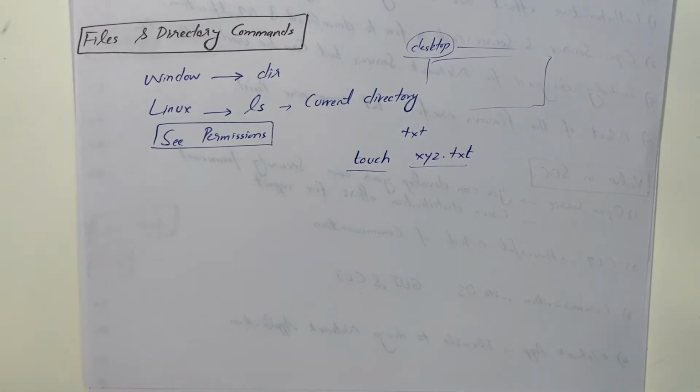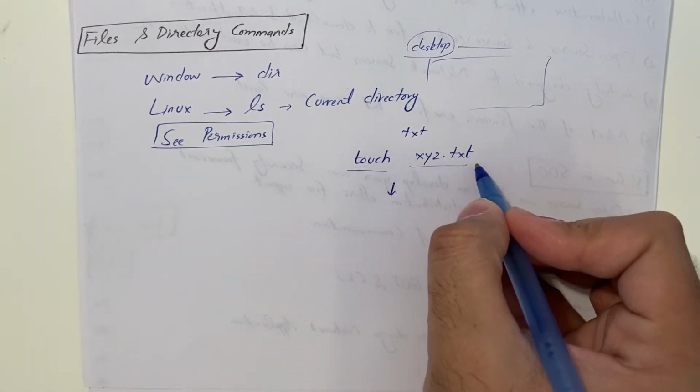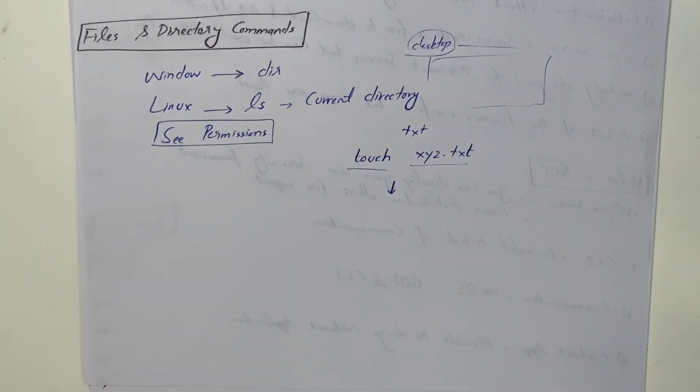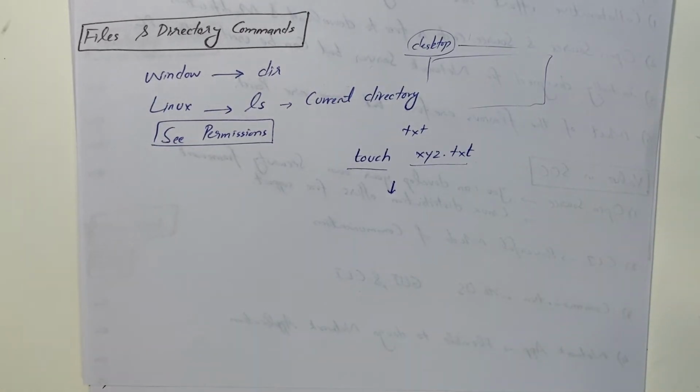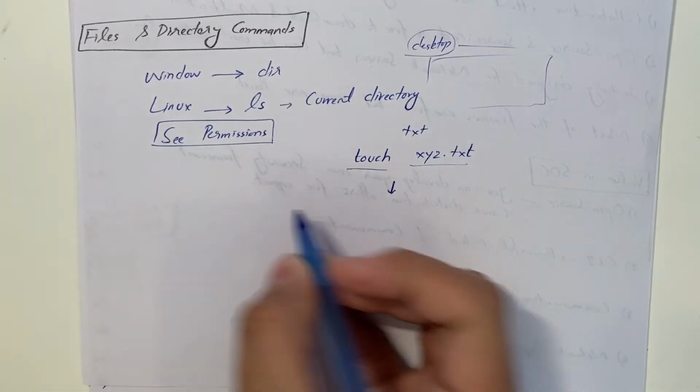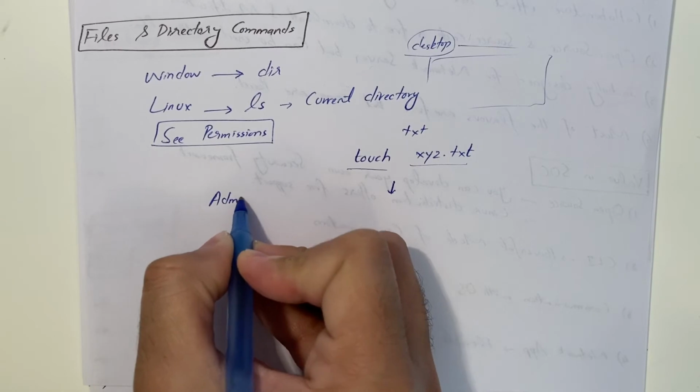Now by default, if you want to check the permissions of xyz.txt, and you are logged in as admin, of course you will have read, write and execute permissions. Basically in Linux there are three types of user. The first is the admin, which might be you, the administrator.